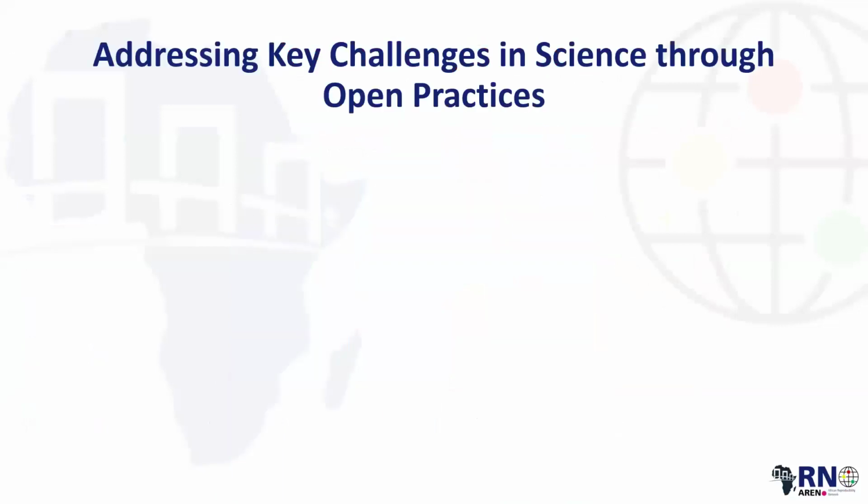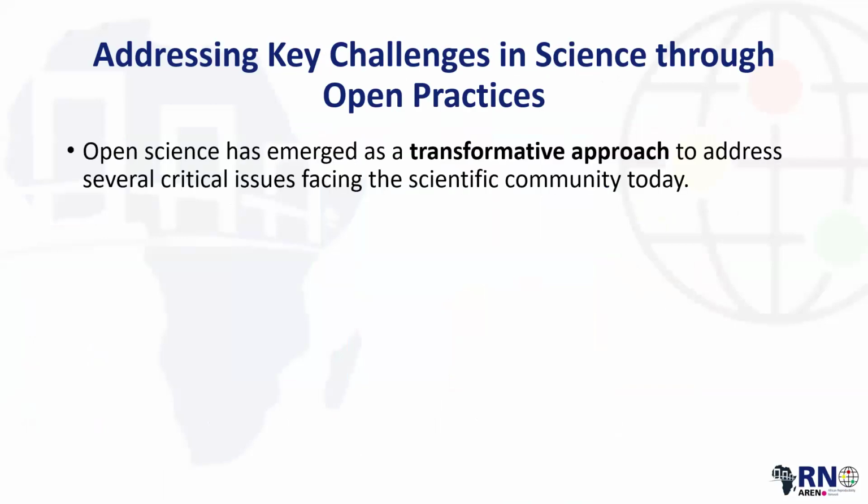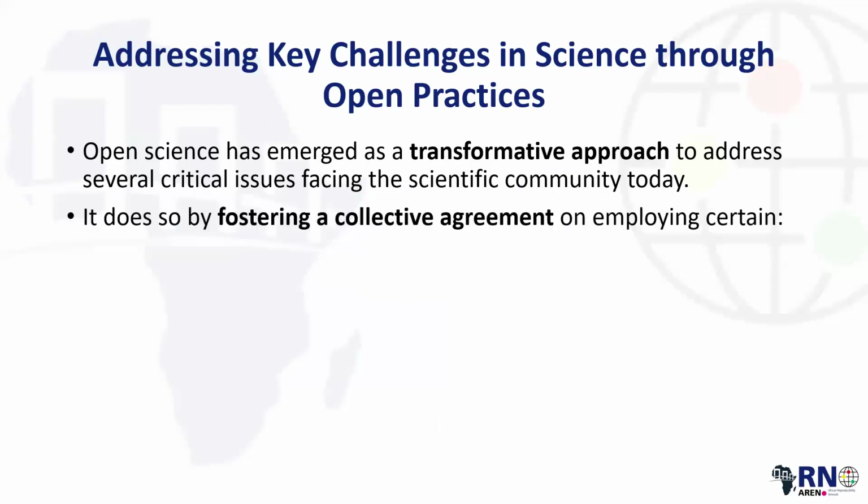So we'll continue. Then came the idea of how to address these key challenges that we just mentioned, and how to introduce open science practices. So from here came the idea that we need a transformative approach. So open science was a transformative approach that addressed several critical issues facing the scientific community today.